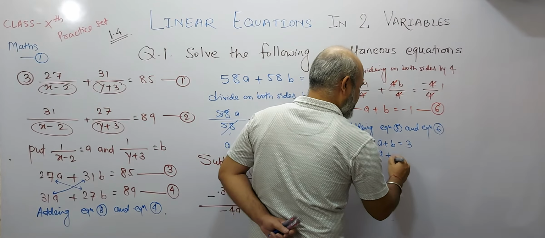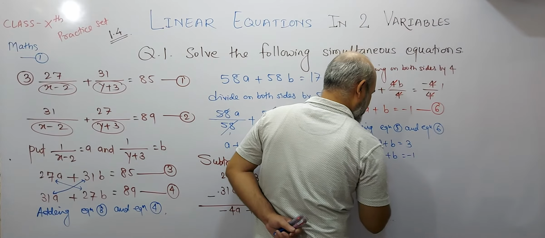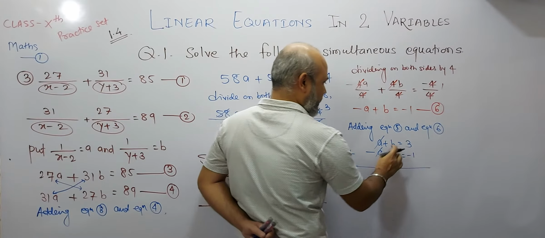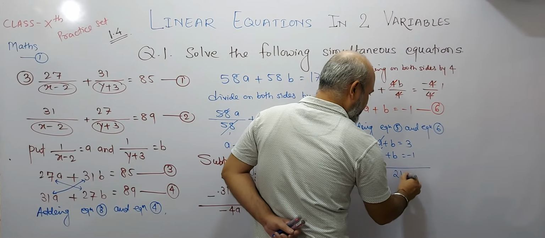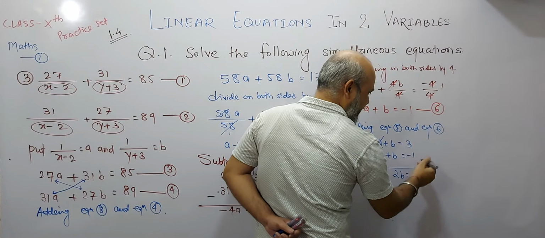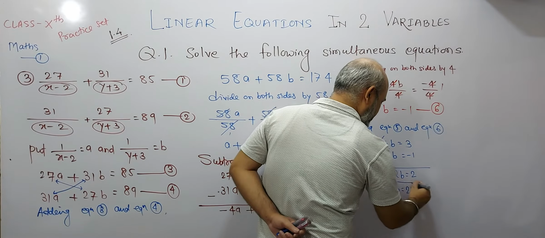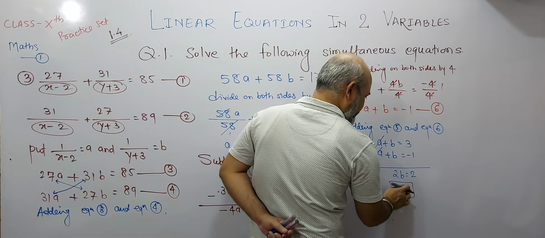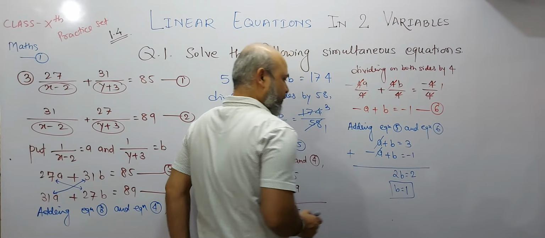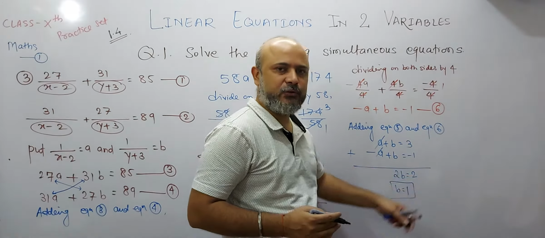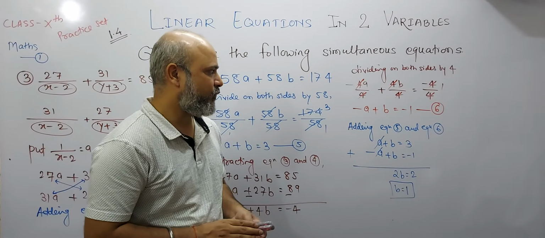Minus a plus b is equal to minus 1. Just add this, plus a minus a will cancel out. 2b is equal to what? 3 minus 1, that is 2. So b is equal to what? Sorry, b is equal to 1, because 2b is equal to 2. So you will write b is equal to 1. That's 2 upon 2. This will give us 1.